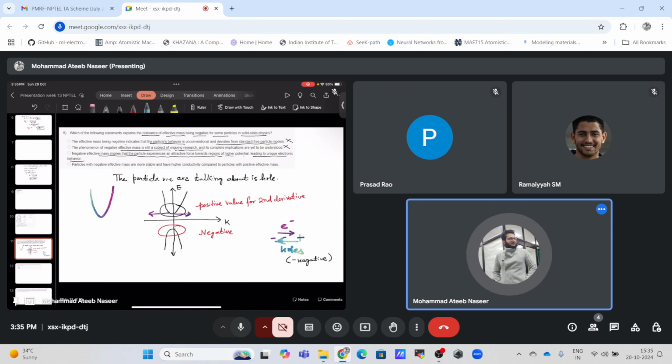If I fit a parabola in this region, it will be like this, and it will give me one effective mass. If I fit a parabola in this other region, I will get a second effective mass. So it depends on the direction of the orientation.